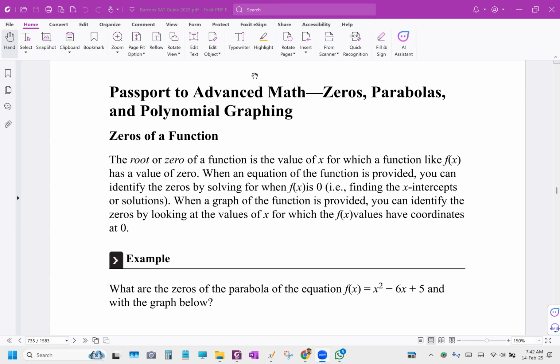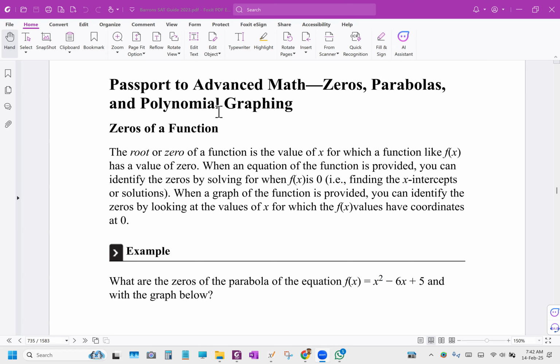In our first class, we also discussed what a polynomial is and what a parabola is, so I'm going to talk about these things again.